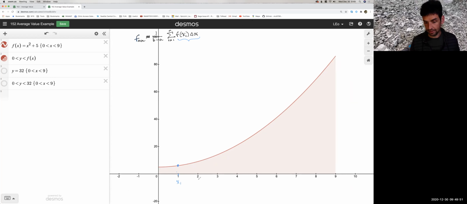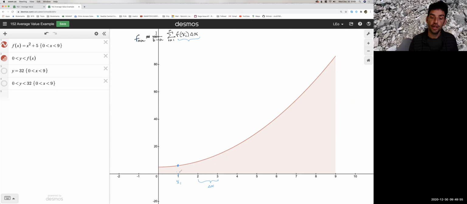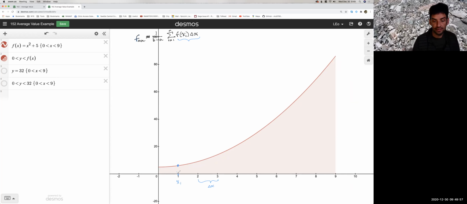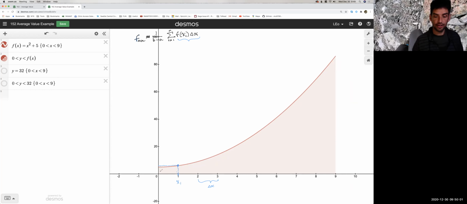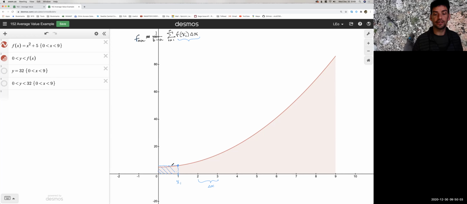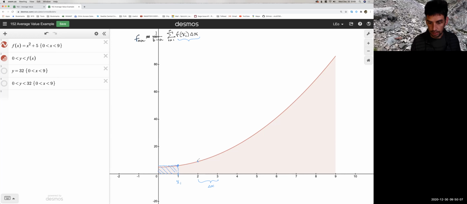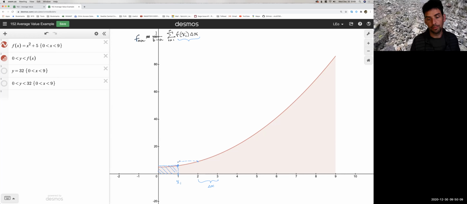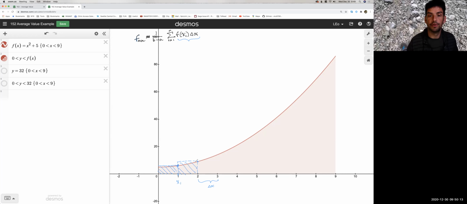And delta x in this case is just the width of these intervals, right? If I'm multiplying this height by this width, I'm of course computing the area of this little rectangle. And then at x equals 2, that's x sub 2. When I multiply there, I'm doing this rectangle, right?